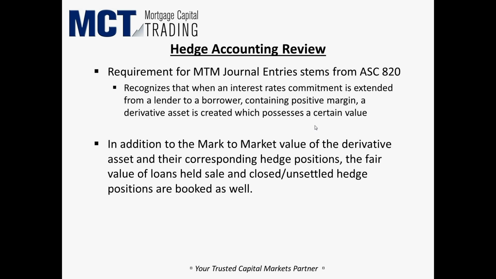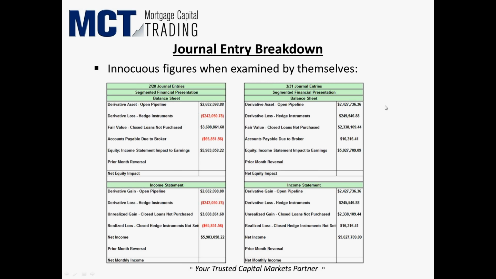And of course, in addition to the derivative asset value, there are the open trade positions. Those are the TBA positions that have been shorted with the broker dealer and not paired off, and then of course we have the open loans. The fair value of loans held for sale, which is funded production and committed production, is also booked. And then the closed, unsettled hedge positions are booked as well.